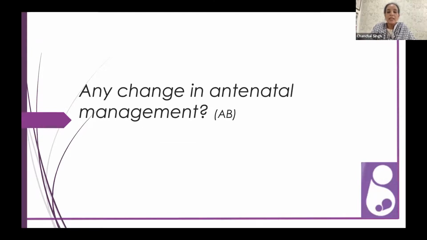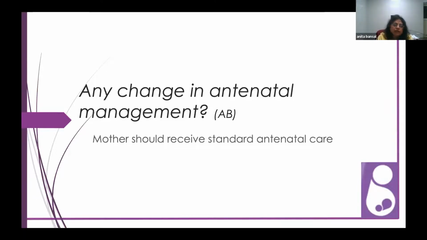So Dr. Anita, would this finding bear any change in the antenatal management of the patient? Detailed counseling of the couple is very important. Those who have opted for the continuation of the pregnancy, many times they do not understand what the outcomes can be.